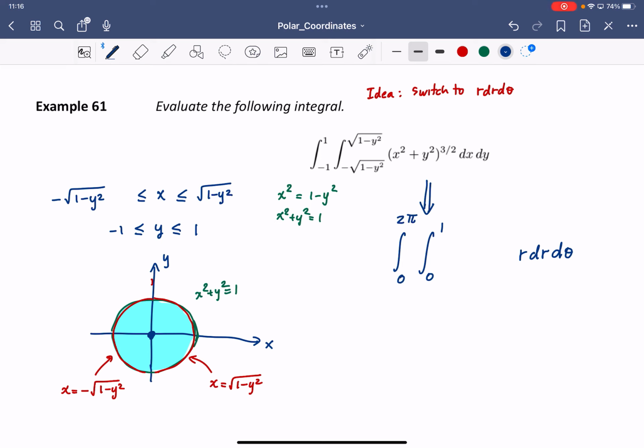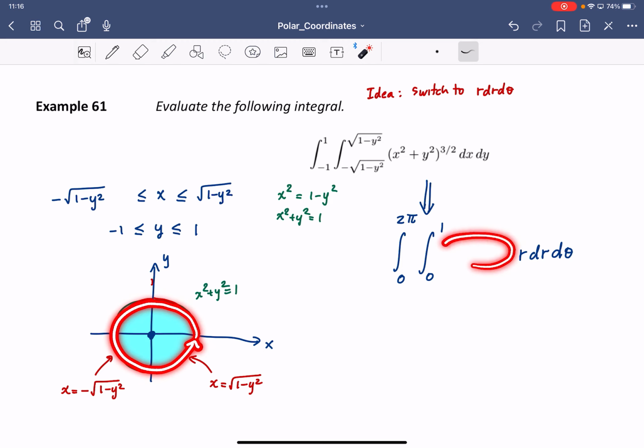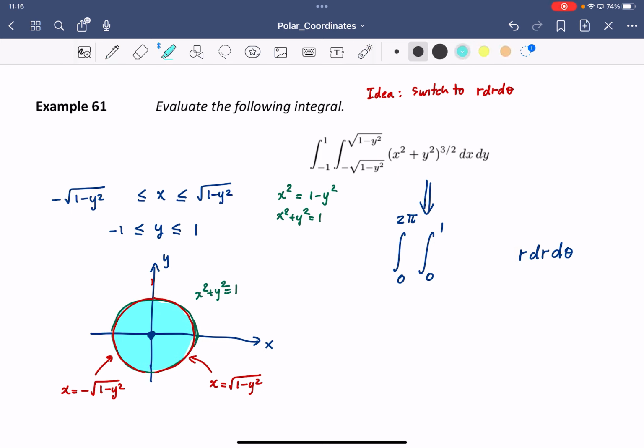Everyone agree? 0 to 1, 0 to 2 pi, because from the pole, when you slide the ray, r is 0 to 1 and theta runs from 0 to 2 pi. And then the inner part, x squared plus y squared, you switch it to r squared to the 3 over 2.